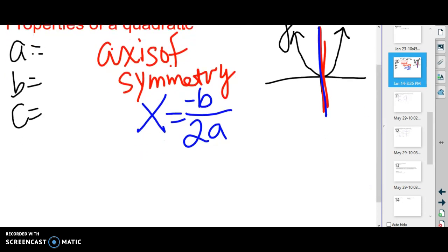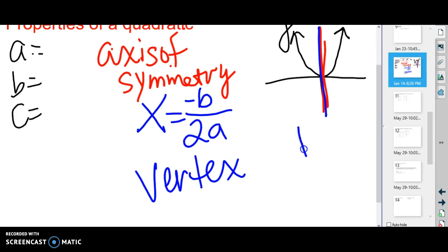Then once you find that, you can now find the vertex. If your parabola looks like this, your vertex will be a minimum because it's at the bottom. And if your parabola is like this, the vertex will be a maximum because it goes up, up, up to a maximum height and then falls back down.